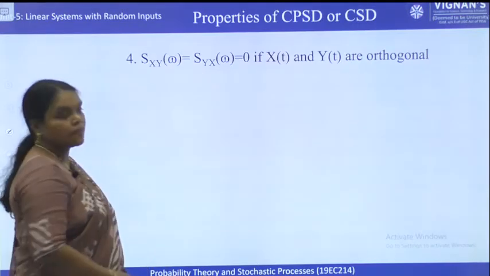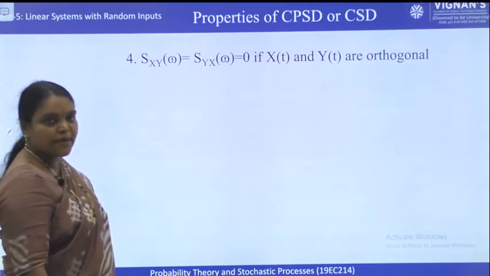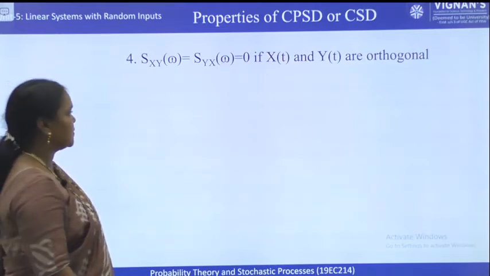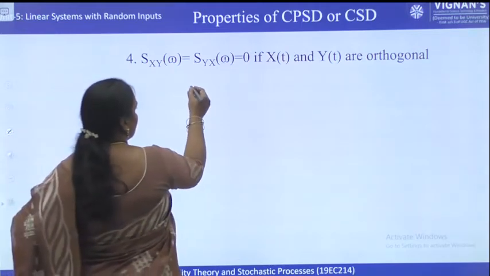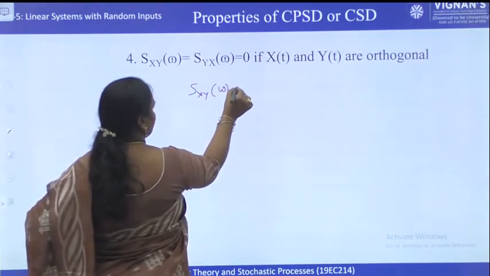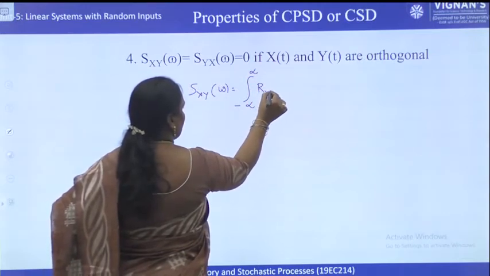Next property: S xy of omega is equal to S yx of omega is equal to 0 if x of t and y of t are orthogonal. S xy of omega is the Fourier transform of R xy of tau.